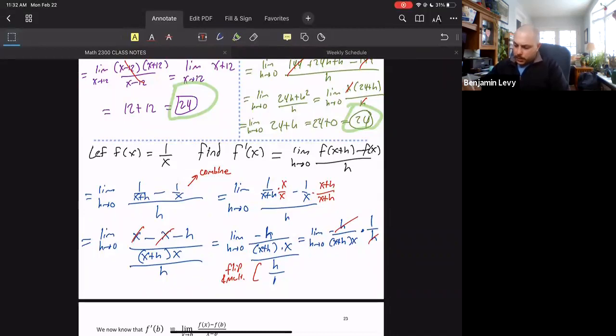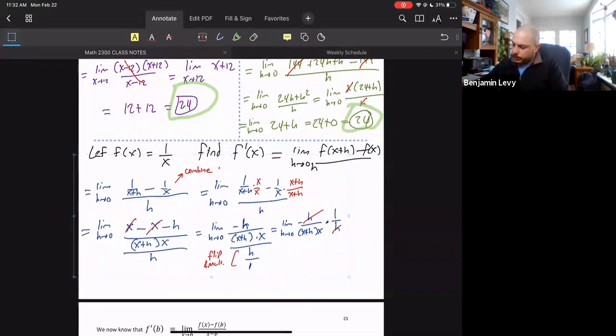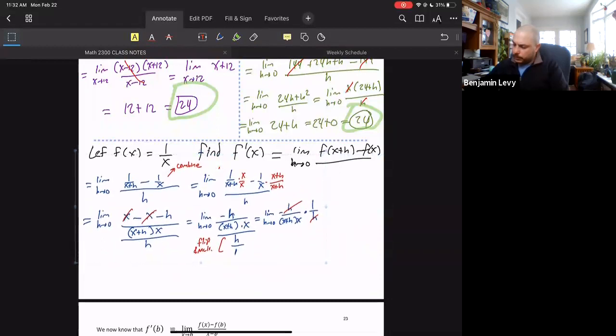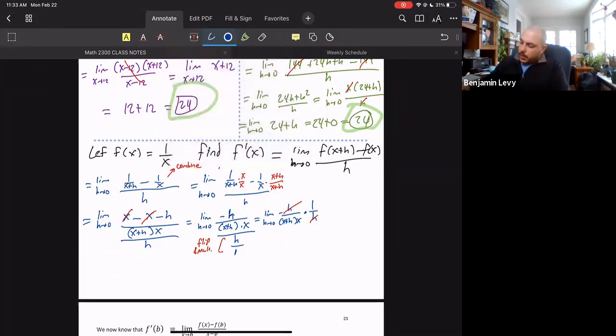I'm gonna need to shrink this down just a tad, I'm running out of room. And so then this becomes the limit as h goes to 0 of just the denominator, which we can do.